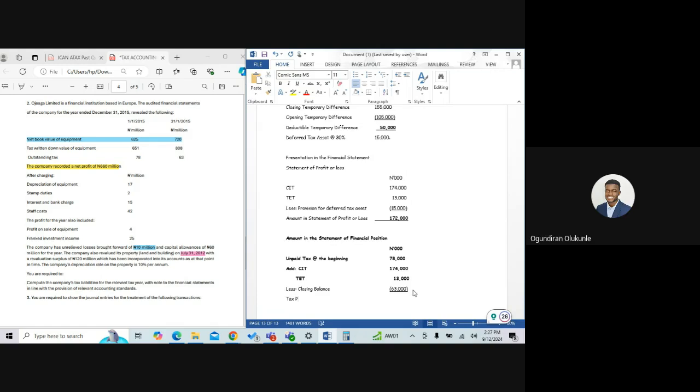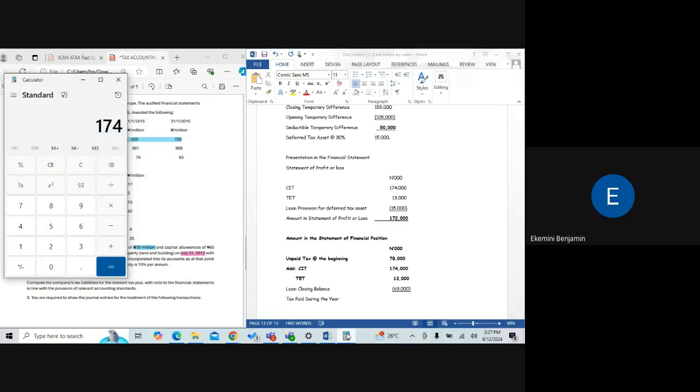Tax paid during the year. How much is that? We are adding them. 78 plus 174 plus 13 minus 63.